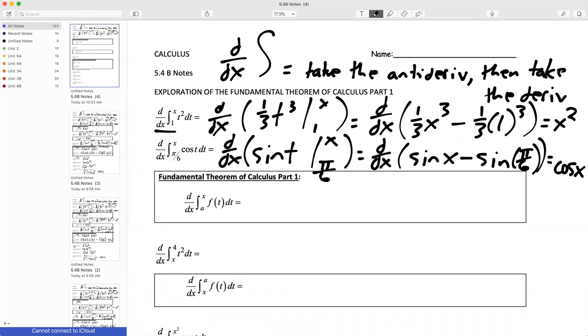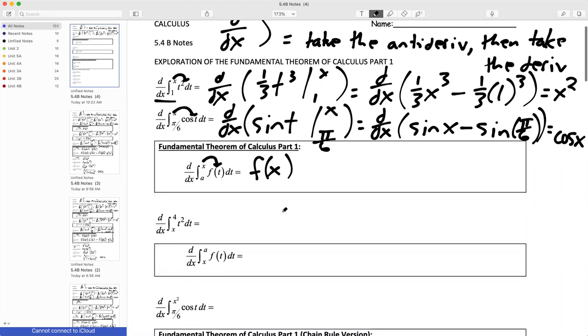And so what's the shortcut? I'm going to take the x and plug it in. And so if I have the derivative of the antiderivative, I take the x, plug it in, and I get f of x. It's pretty straightforward. Why does this thing get the whole big brand on it?